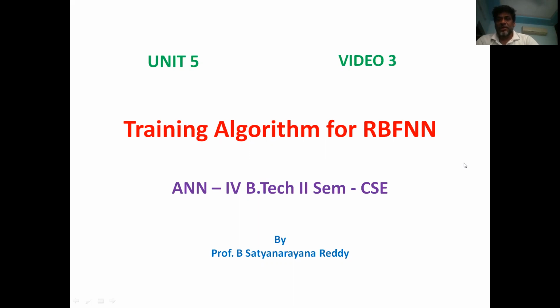For a multi-class classification problem, there may be more output neurons in the output layer also, but we considered only the RBFNN with one output neuron. Then we went through an example problem for XOR function, and we designed the RBF neural network for the XOR function in our earlier class.